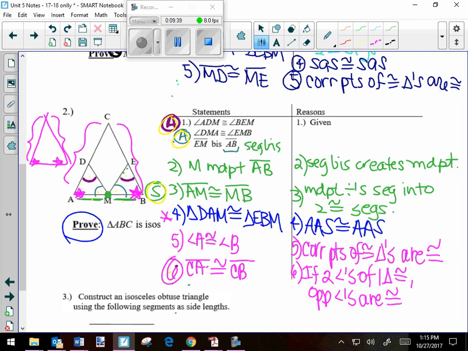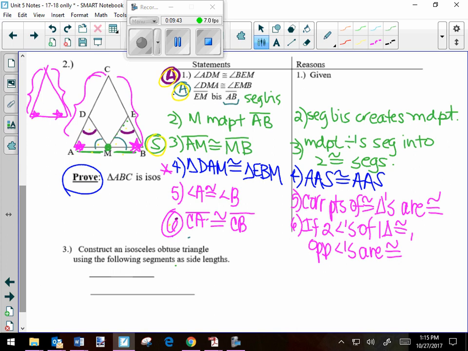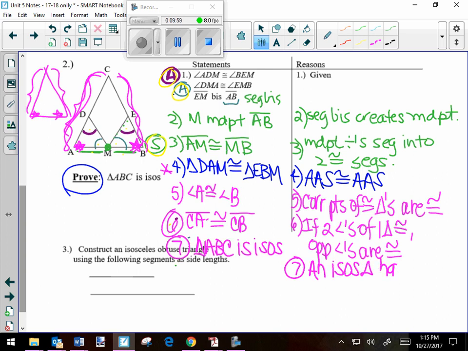And once I know that those two sides are congruent, if I was told that I had to classify this triangle that now has these two sides congruent to each other, my next step would be to say that triangle ABC is isosceles. If I have to give a reason, I would say an isosceles triangle has two congruent sides. So because this triangle has two congruent sides, it must be isosceles.